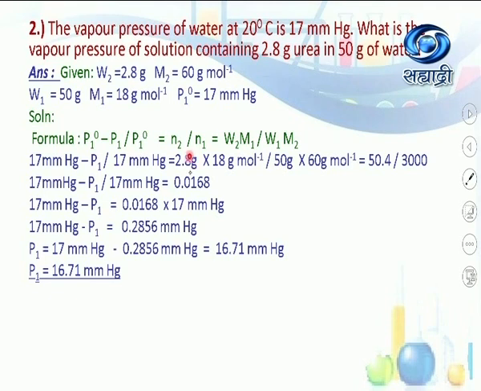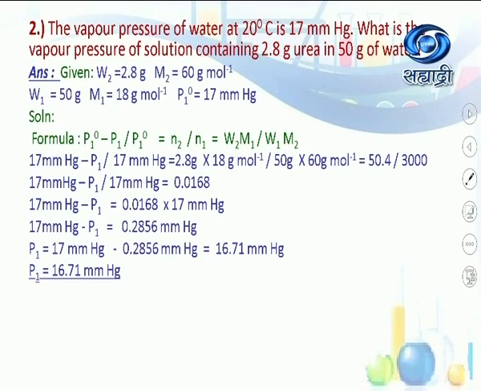N2 upon N1, which is equal to W2 M1 upon W1 M2. So W2 is 2.8, then M1 is 18, divided by W1 which is 50 and M2 which is 60. Now these calculations we can do orally. The multiplication in the denominator comes to 3000.